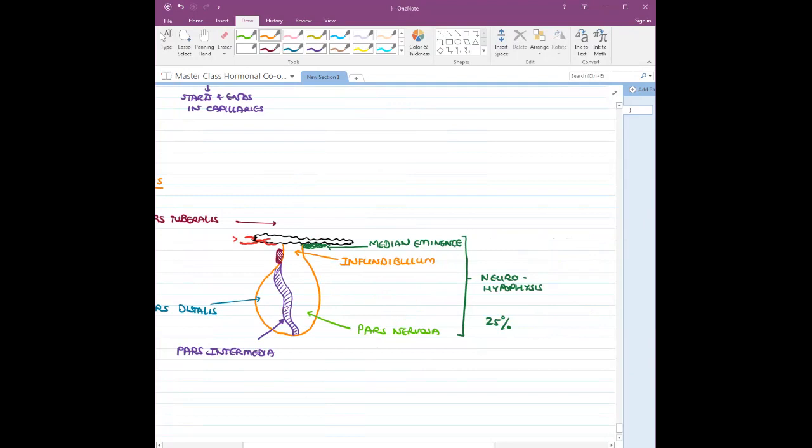Like I said, this accounts for 25% of the total pituitary. But one thing we really need to know is that it does not produce any hormones of its own. Just keep this in mind.